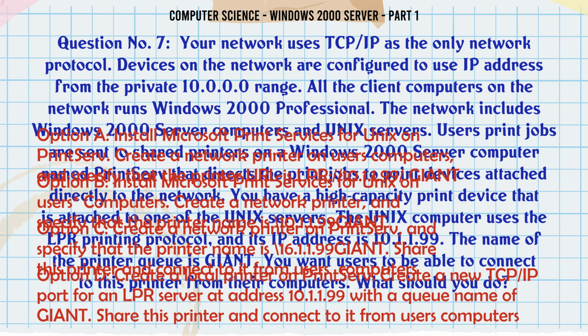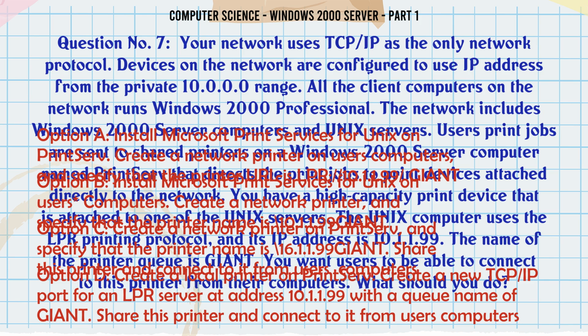The network includes Windows 2000 server computers and Unix servers. Users' print jobs are sent to shared printers on a Windows 2000 server computer named PrintServe that directs the print jobs to print devices attached directly to the network. You have a high-capacity print device that is attached to one of the Unix servers.